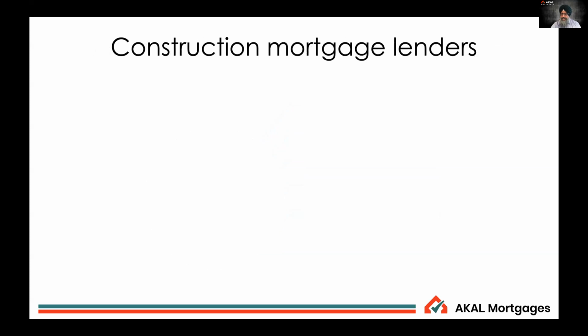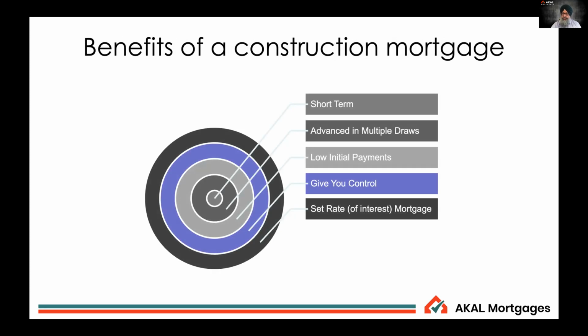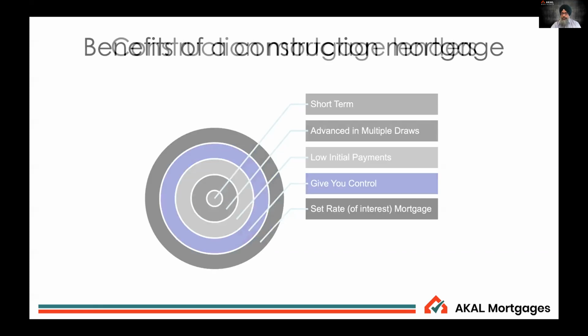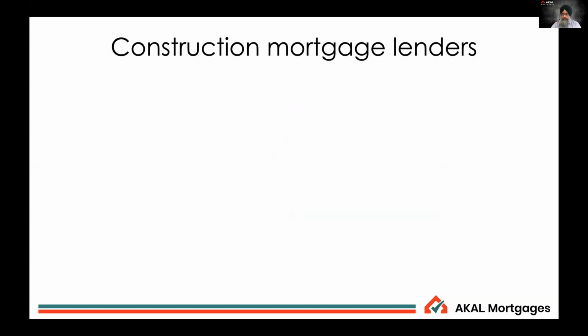And these are all the benefits of a construction mortgage, especially when you're going to lenders who understand what construction mortgage is, as opposed to going to bigger banks. But we are also going to talk about why big banks may not be the best lender for that.